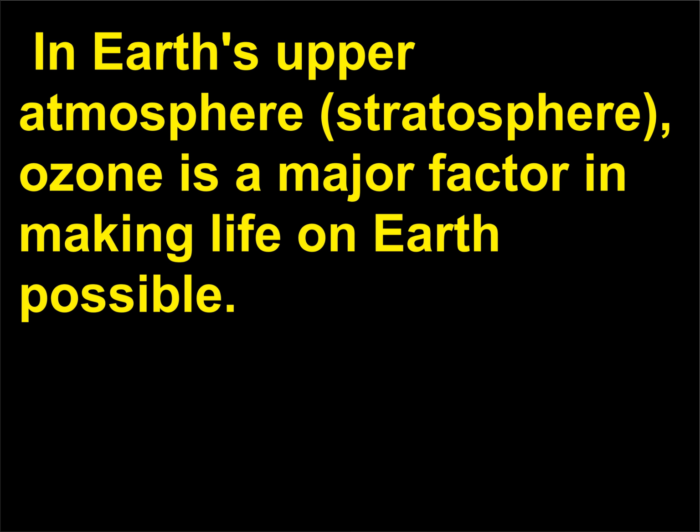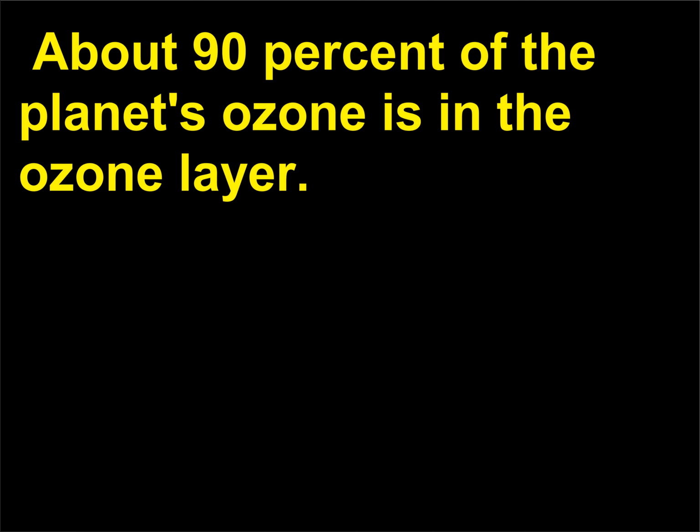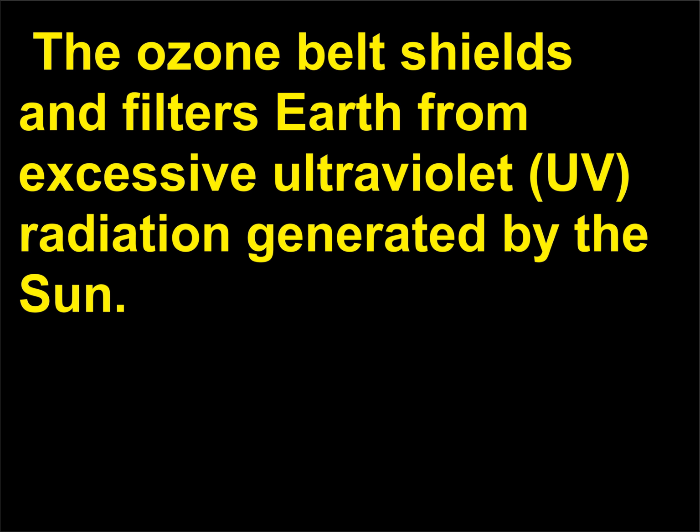In Earth's upper atmosphere, the stratosphere, ozone is a major factor in making life on Earth possible. About 90% of the planet's ozone is in the ozone layer. The ozone belt shields and filters Earth from excessive ultraviolet, UV, radiation generated by the sun.